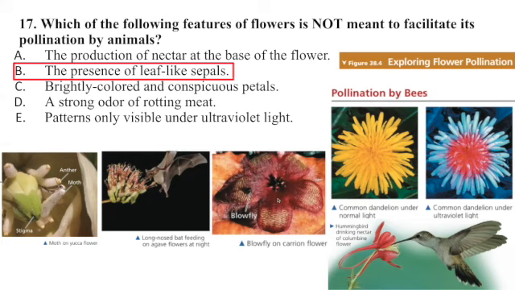Some things like certain beetles and flies, they love that smell. So yeah, that fits as an adaptation. E, patterns only visible under UV, also a relevant choice here. So really the sepals are the only kind of boring part of the plant. They're just green, hanging out underneath the petals. And so they're not meant to facilitate pollination.